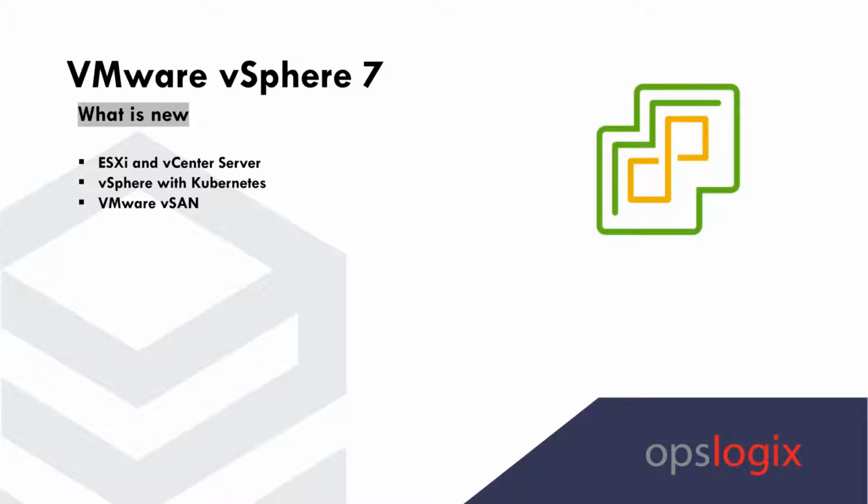That includes a brief overview of the updates to the hypervisor, the release of Kubernetes support natively in vSphere, and also some updates to VMware vSAN. Other updates worth mentioning are the improved workload-centric DRS, improved vMotion, and the unified vSphere Lifecycle Manager.